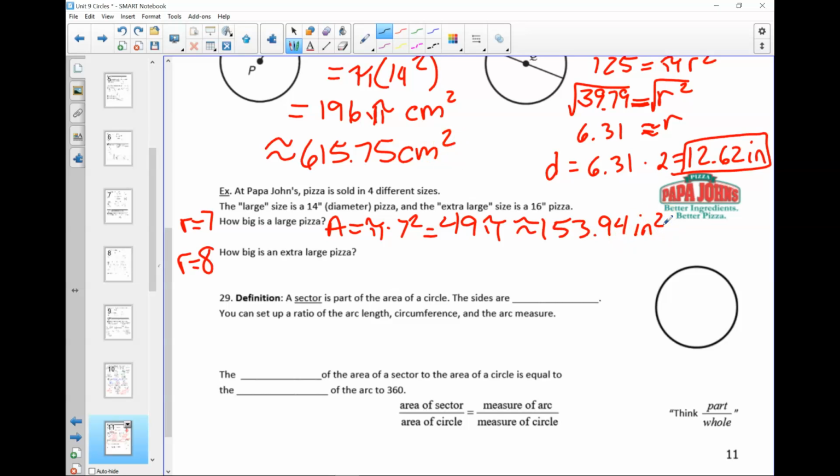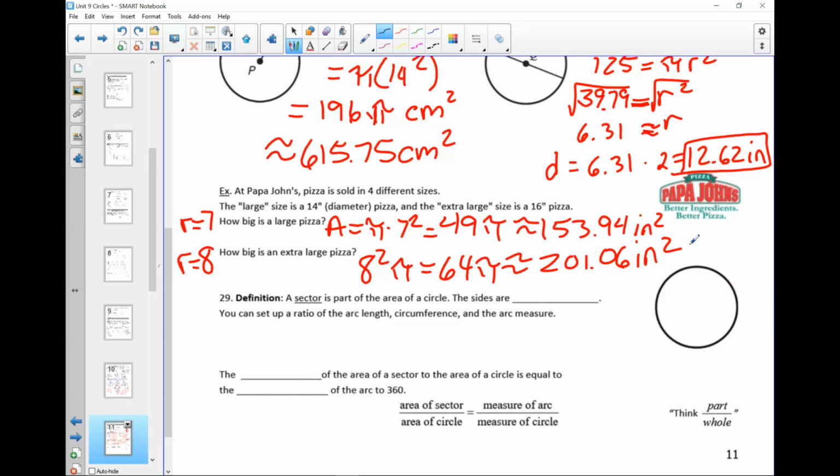Okay, for an extra large pizza, we'll have 8 squared times pi, so you get 64 pi square inches of pizza. When we multiply that out, we get 201.06 square inches of pizza.